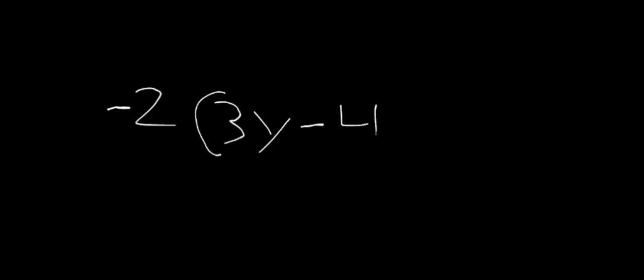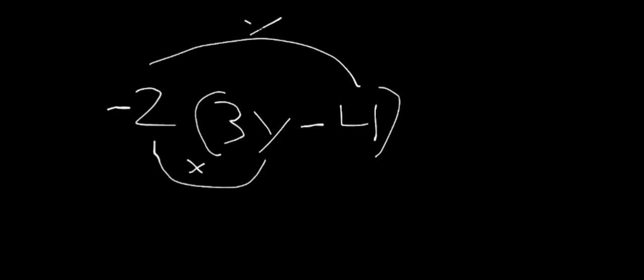Okay, now let's talk negatives. So when you have a -2 on the outside, on the inside we have 3y minus 4. It's the exact same steps: the -2 pulls in the 3y and you multiply, and you also pull in the -4 and multiply.